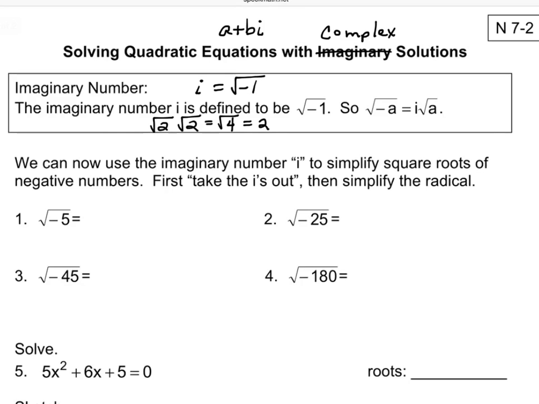When I multiply two square roots together, it's kind of like that radical lifts and goes away, and we're just left with what's underneath one time.